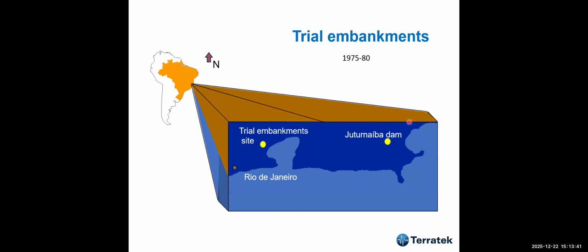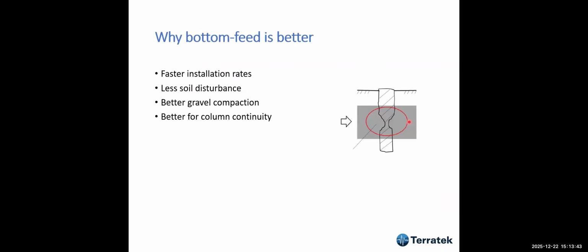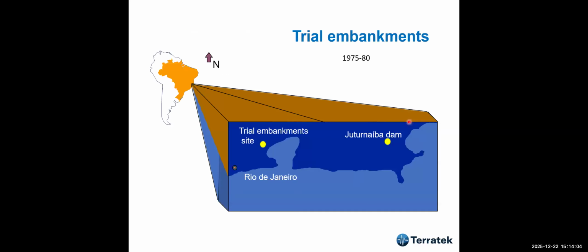Okay, so this is what we learned, but fortunately we learned on a trial, and the solution was not used for the harbor. This was a development for the iron ore stockpiles in that harbor, and it was not used.